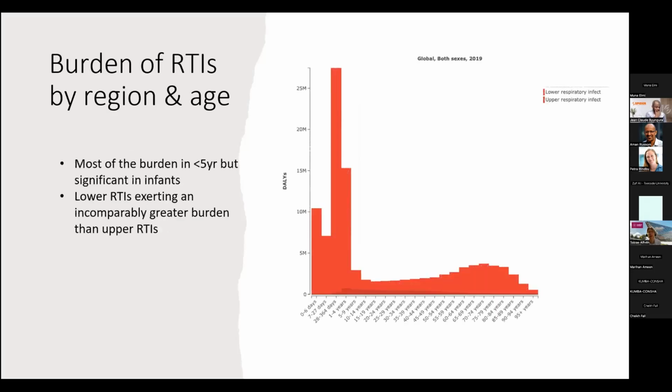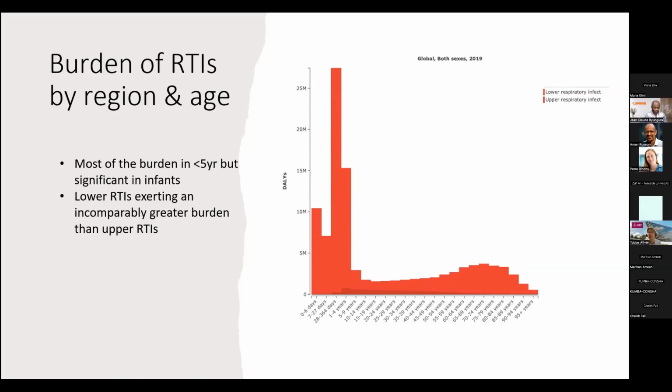And now this scale is different than the one we had before. Now we have from just 0 to 6 days, 7 to 27 days, and then 28 to 364 days. So we see it from birth until the age of 5, we have a massive burden of disease due to respiratory tract infections in children below the age of 5.